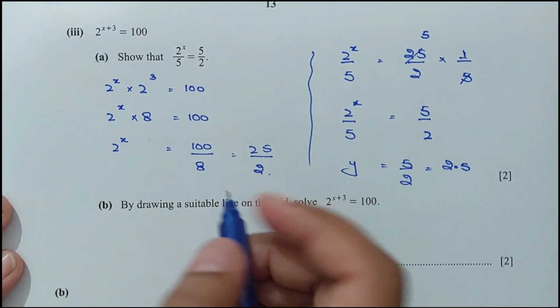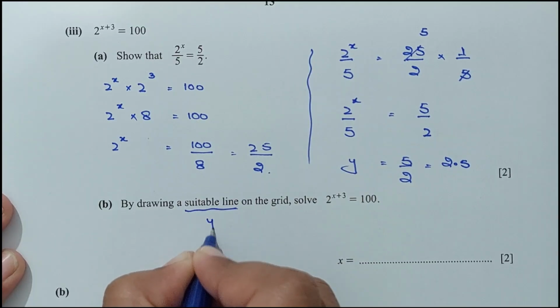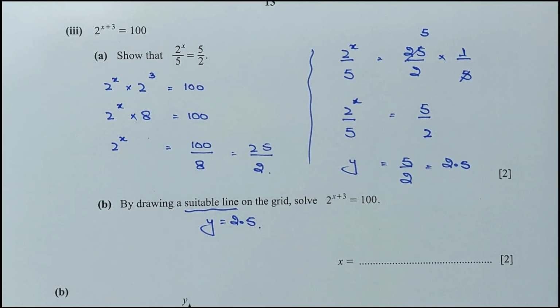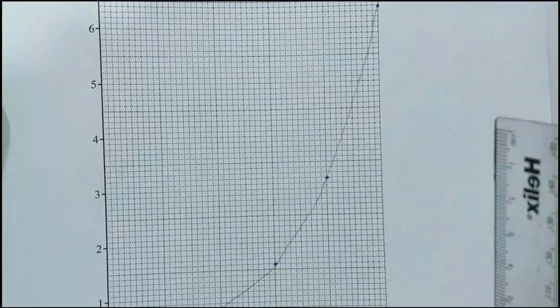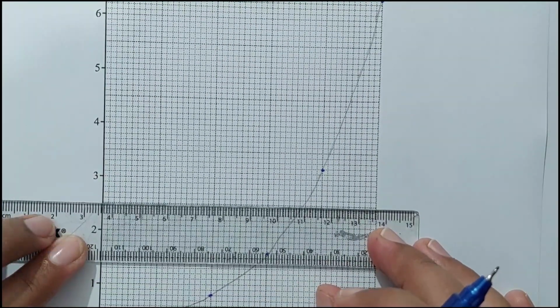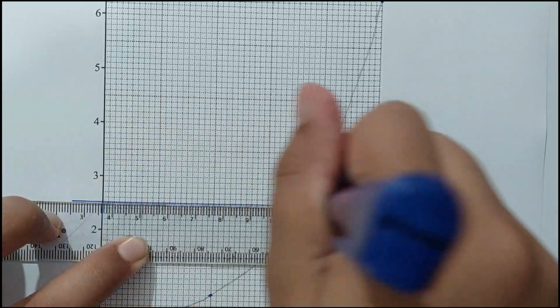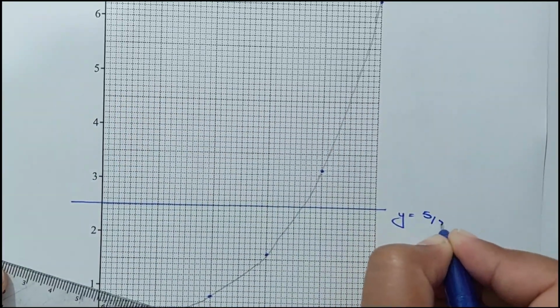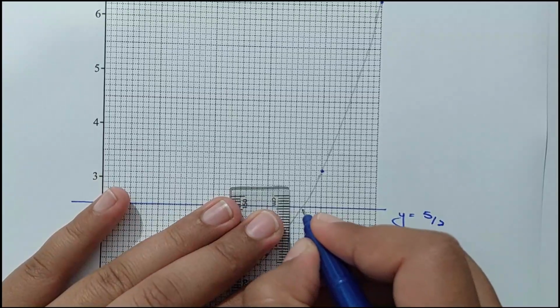So we have to draw the line y equals 2.5. Here y is 2 and this is 2.5. y equals 5 by 2. Find out the solution.